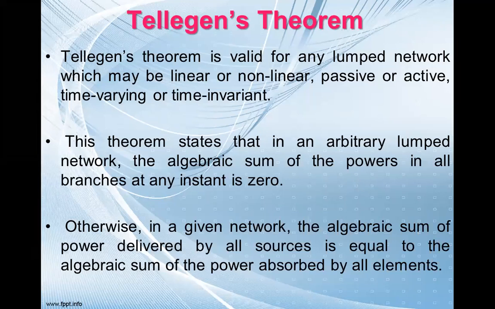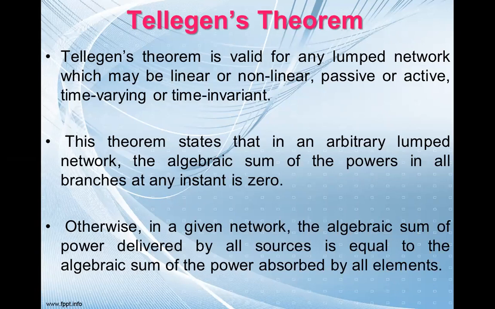Tellegen's theorem basically states that in any electrical network, the algebraic sum of the powers in all branches at any instant is equal to 0. That means there are multiple elements: there may be resistance, capacitance, inductance, voltage source, current source. Any type of source may be present in an electrical circuit.